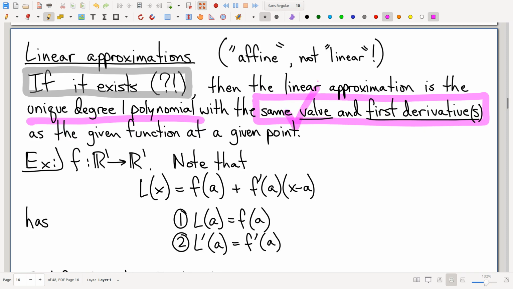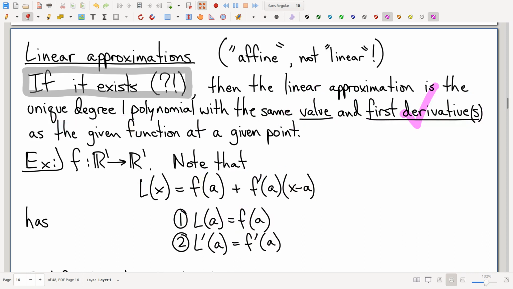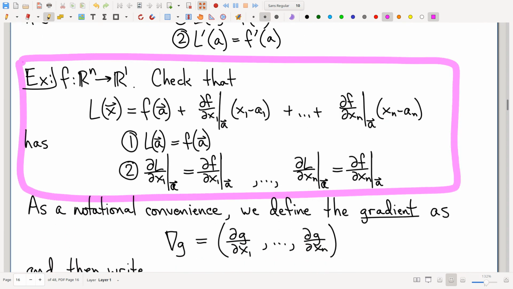So it's got the same value as my function f at the point A, and it also has the same derivative as f at the point A. My take on why we care about this function L that you all remember is that it's the best mimic of the function f at the point A. Okay. All right. So that said, here's a multivariable version of that.